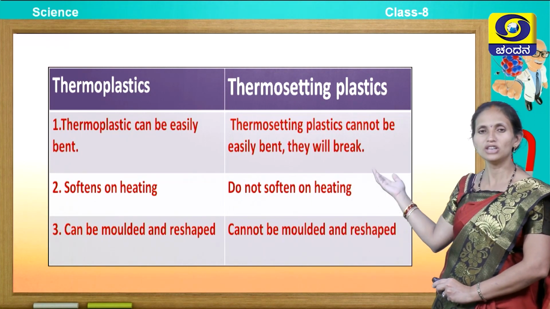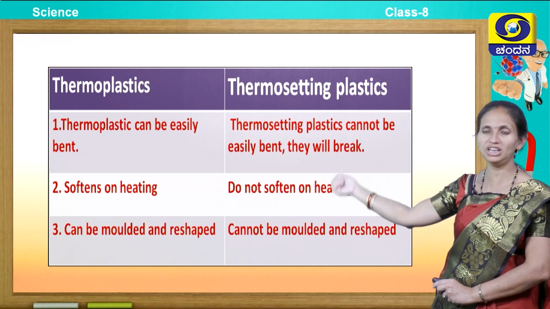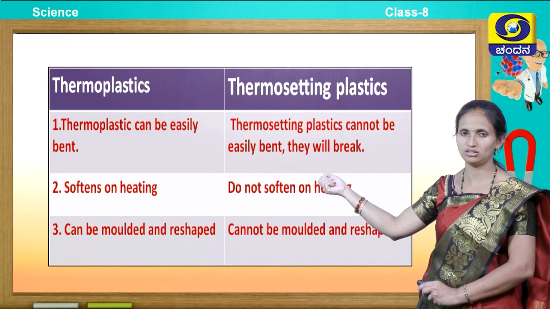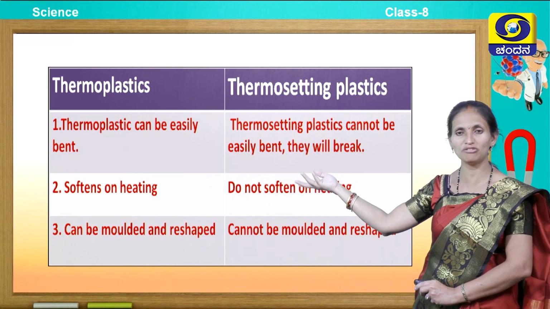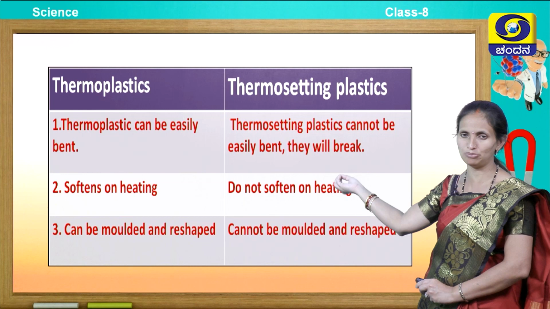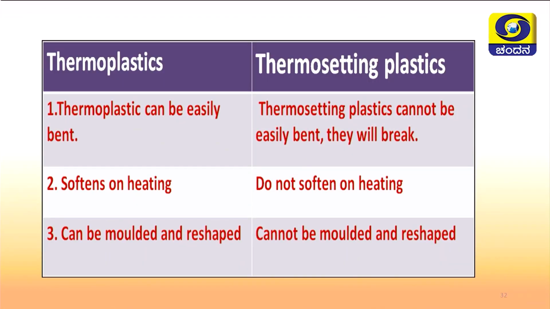Similarly, thermoplastic softens on heating. When you heat thermoplastic, it becomes soft and regains its shape after cooling, whereas thermosetting plastic does not soften on heating.